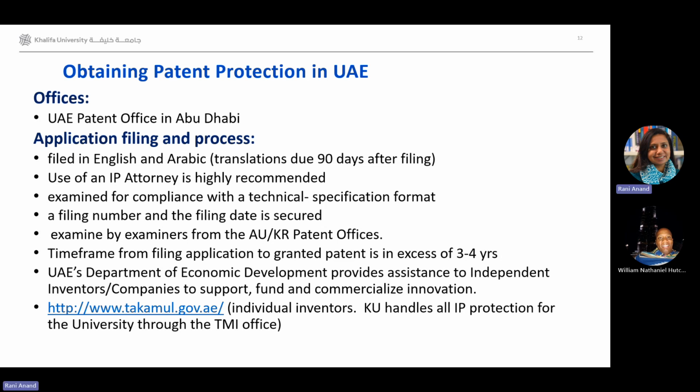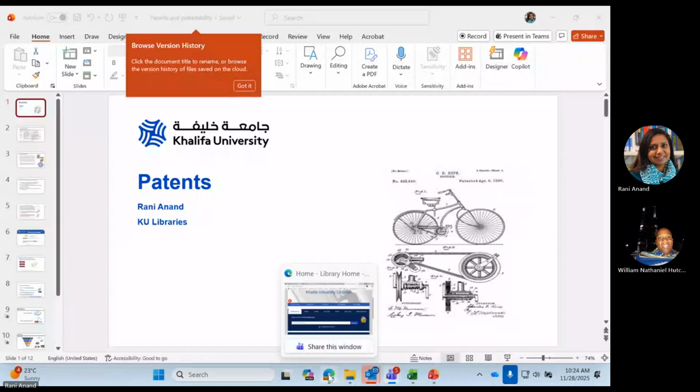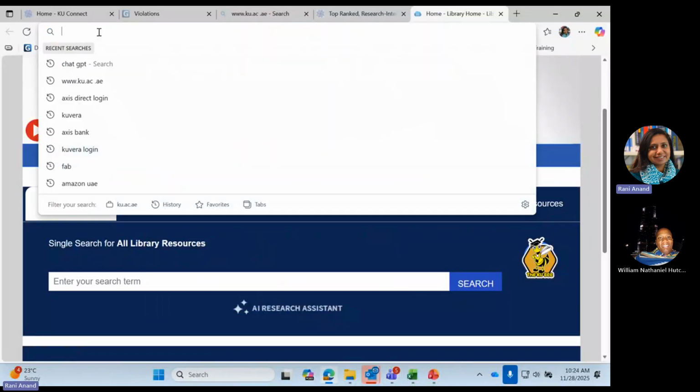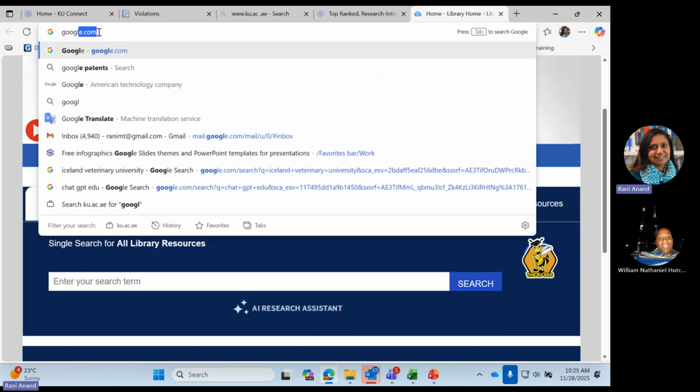Now we will search the Google database and find out how to use Google Patents. It's like going to Google first.